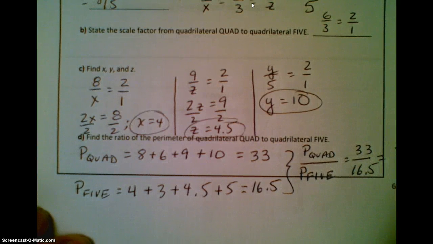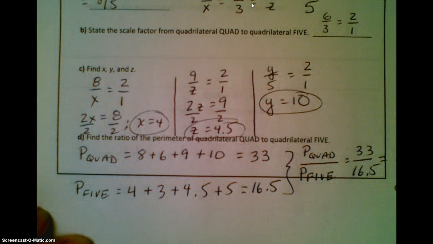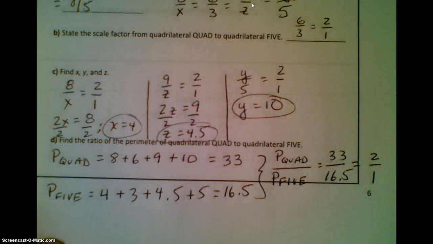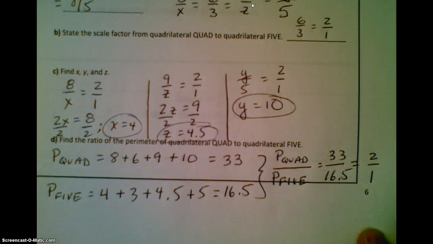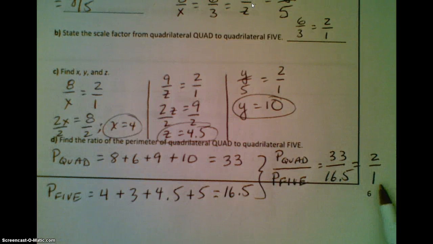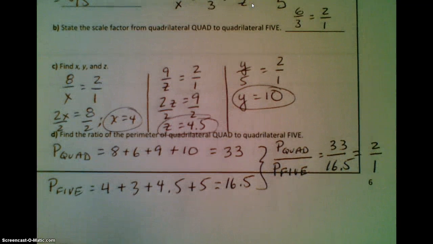If we simplify that, we get 2 to 1. So what do you notice about the ratio of the perimeters as compared to the scale factor for the quadrilaterals in the beginning? Make yourself a little note there at the bottom of what you notice, and we'll talk about that in class tomorrow.